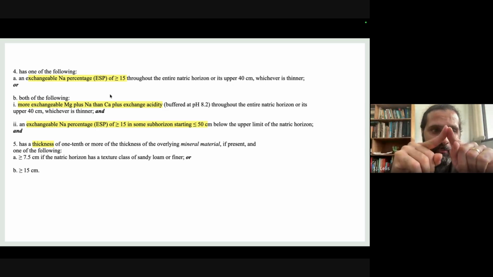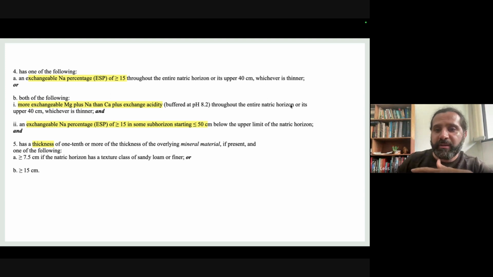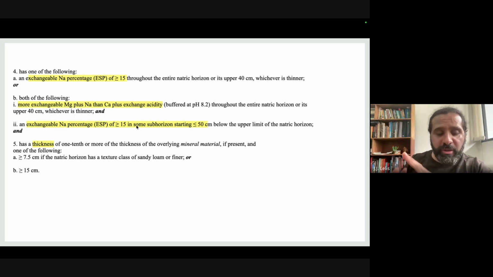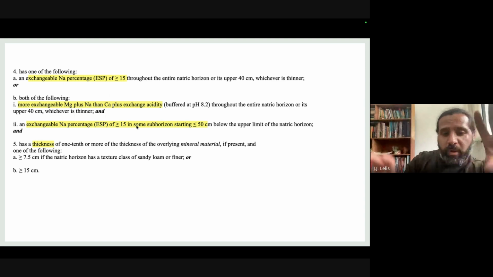If I sum magnesium and sodium, and this sum is higher than calcium, so it could be okay in the entire natric horizon or in the first 40 centimeters of the natric horizon, and an exchangeable sodium percentage of 15% in some subhorizon starting at a distance lower or equal to 50 centimeters below the upper limit of the natric horizon. So in the first 50 centimeters of this natric horizon, I should register a minimum exchangeable sodium percentage of 15% in at least one of the subhorizons.